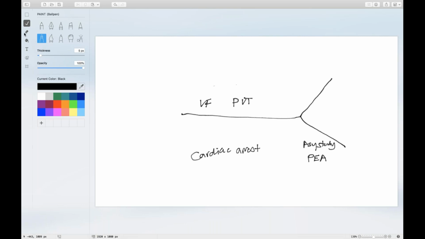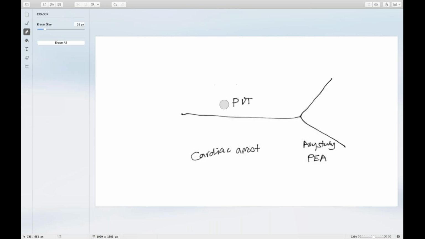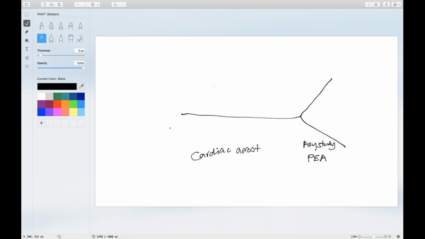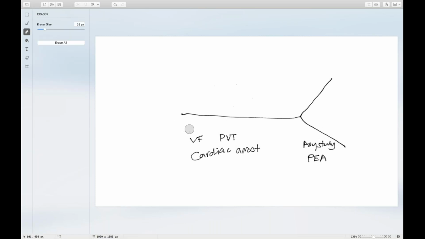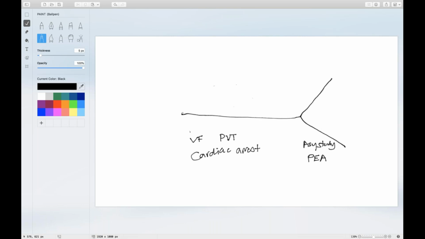Okay, and I will write the VF or pulseless VTach. So these are the rhythms that will cause cardiac arrest. Patient will have no breathing, no pulse all this way, and he will deteriorate more, and he's going to death at the end here. Okay, this is the path of death.